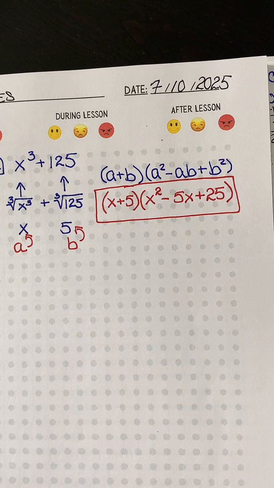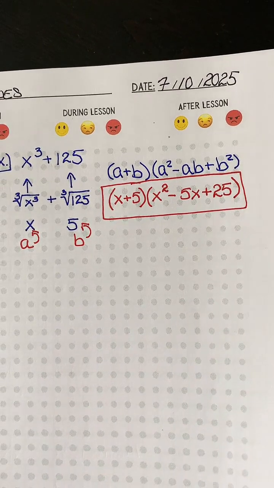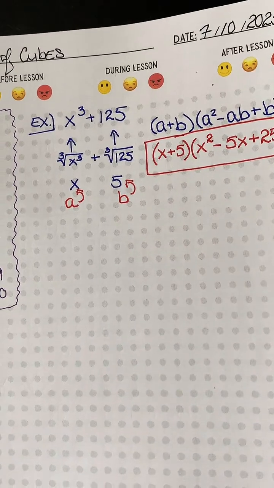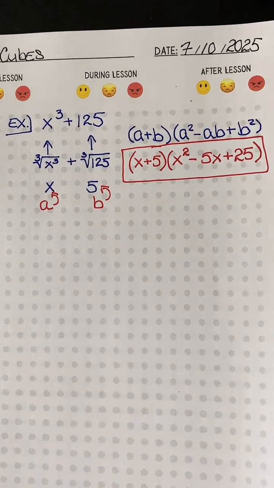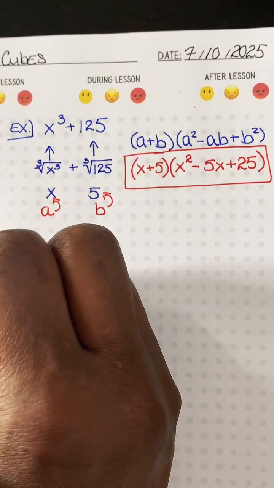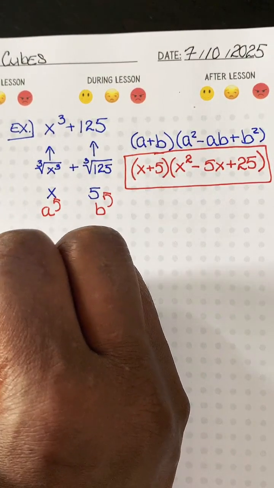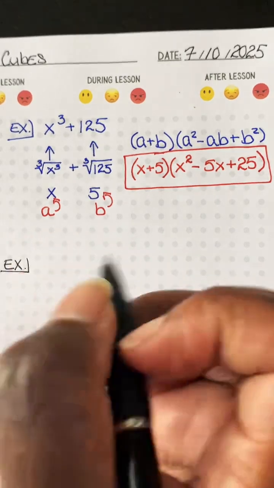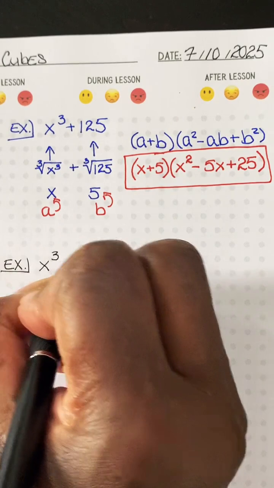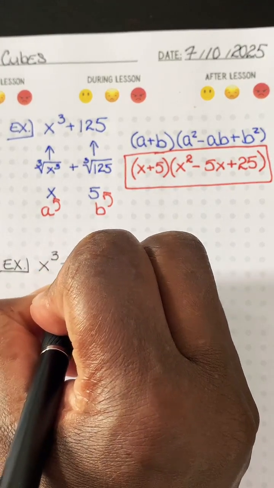Okay, I'm gonna go slow with the next one. So since we saw sum, let me show you difference. So we have x cubed minus 27.